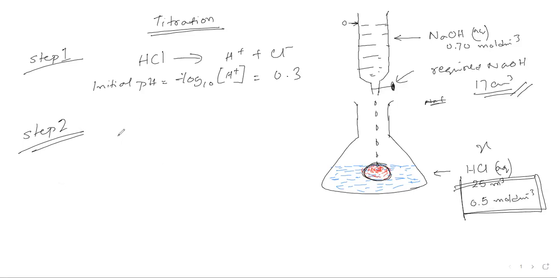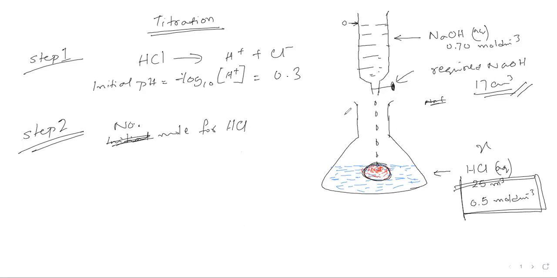So step 2 is to find the initial moles of HCl. The amount of HCl is remaining constant, because HCl is not being added drop by drop.